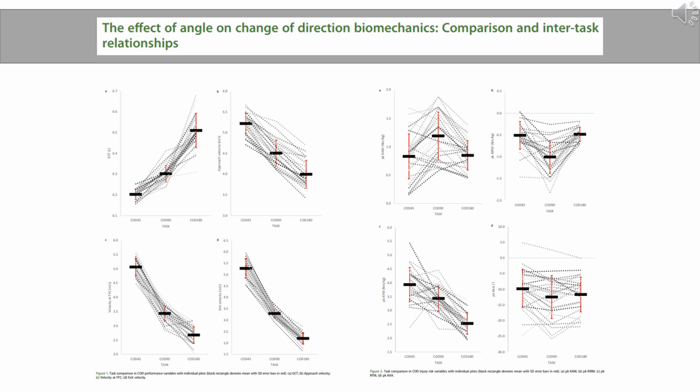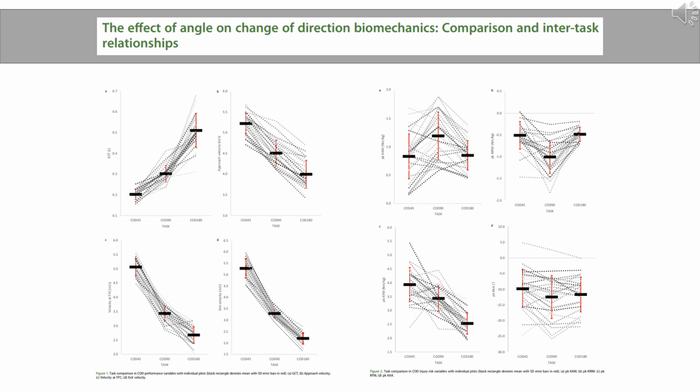However, at 180 degrees, although the turning demand is much, much greater, in reality, when we change direction 180 degrees, the chances are that we've already orientated our body to travel in the direction that we then want to subsequently go in.